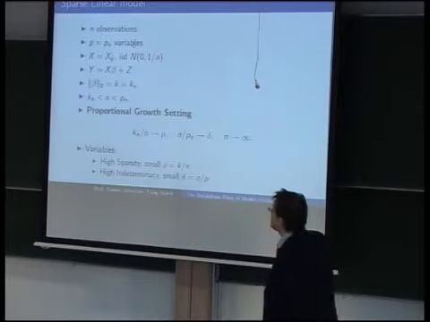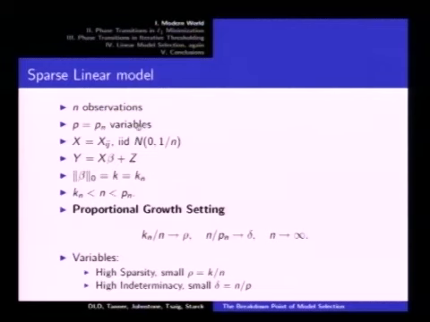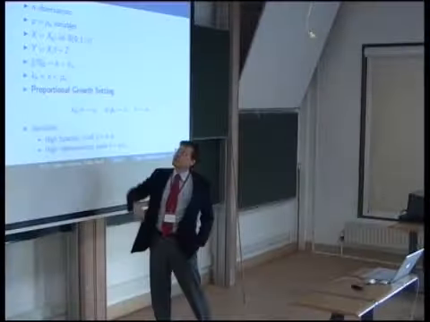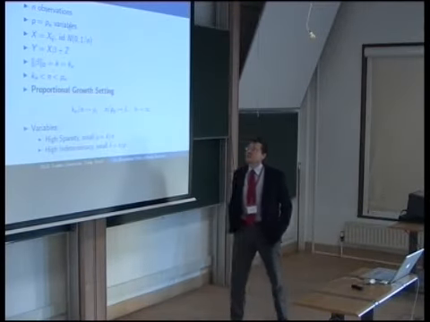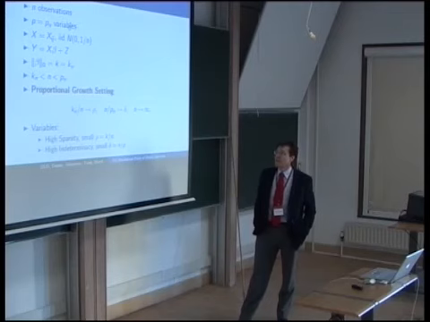Okay, so to formalize things a little bit, suppose we have n observations and p sub n variables, so we think in terms of a triangular array setting, a whole family of problems. The problem size is going to infinity, so we're not having a low sample size. We're having a relatively large sample size and a relatively large number of variables, and I'll use the L0 norm as a notation for the number of non-zeros in the coefficient vector.